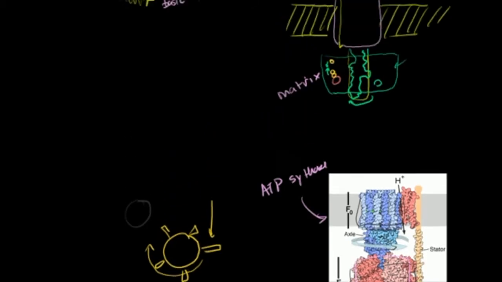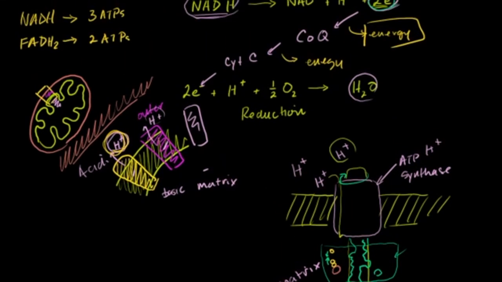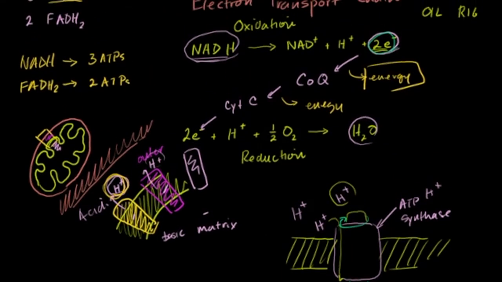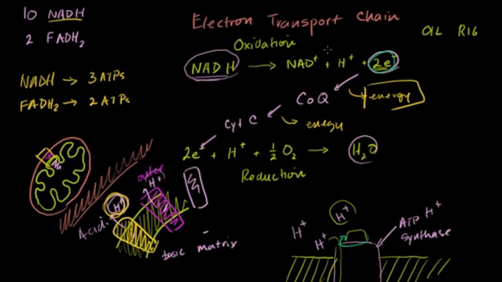But for your purposes, especially in an introductory biology level, you just have to realize that two things are happening in the electron transport chain. Electrons are moving from the NADHs and the FADH2s to eventually show up and reduce the oxygen. And as they do that, they're releasing energy as they go from one molecule to another.